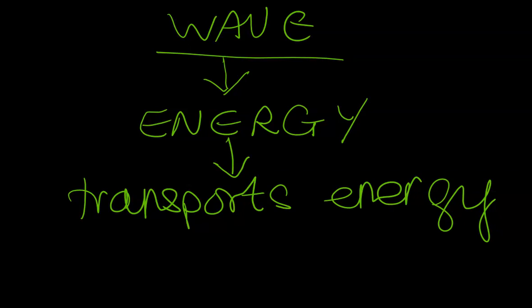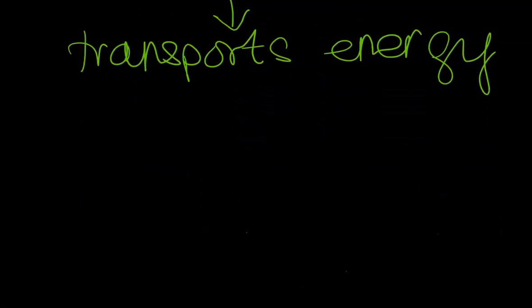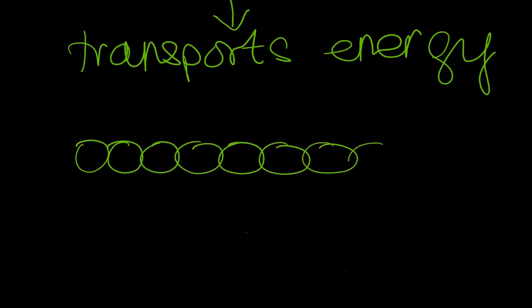Now, when we look at subsequent videos with electromagnetic waves, you will see that you may not need a medium to transmit energy, right? And that is where you use force fields, for example. So here, when we talk about a wave and relate it to energy, it is about the transportation of that energy.